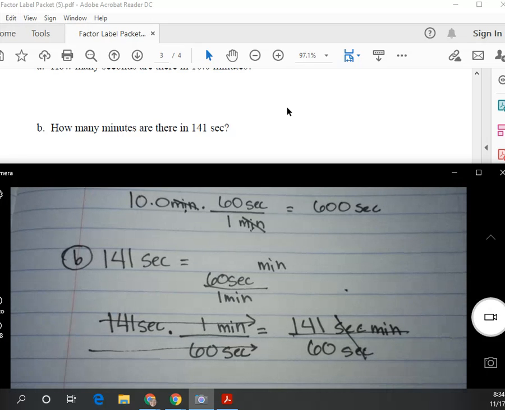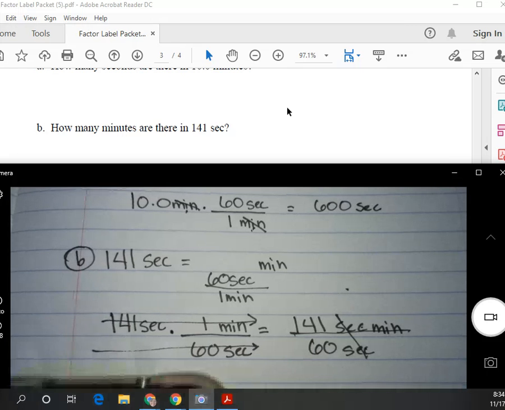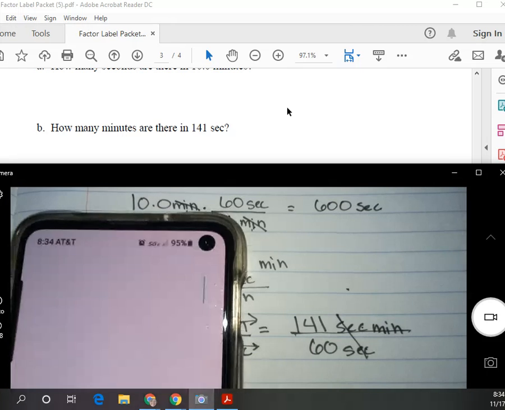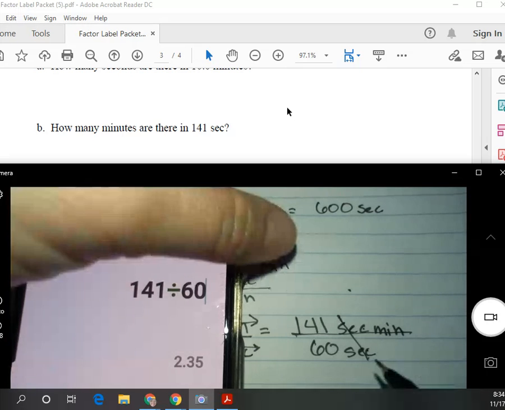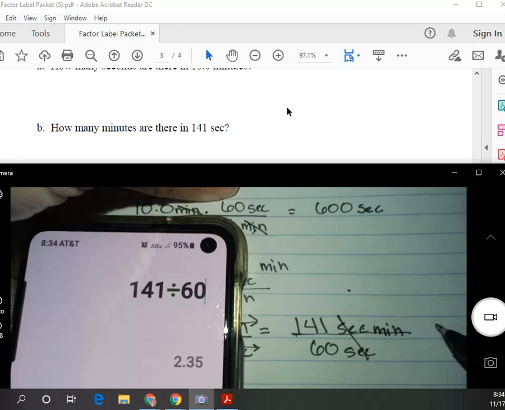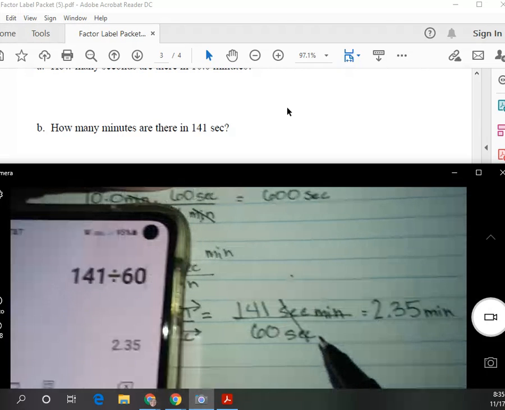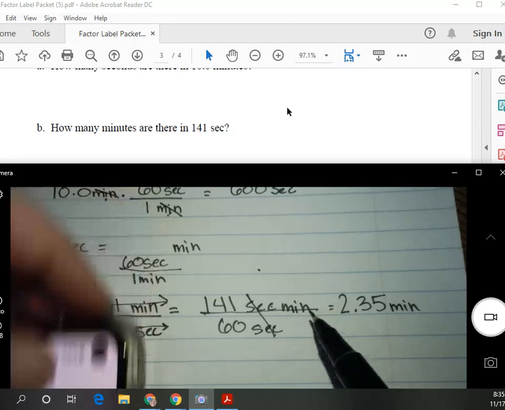So then if I do my math, I'm going to type it into a calculator to get a very specific number. We're just typing 141 divided by 60, which is just like Chris said, 2 minutes and some. So it's 2.35 minutes because my seconds canceled out and my minutes are what's left.